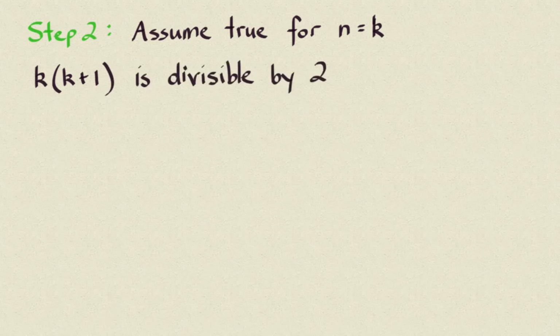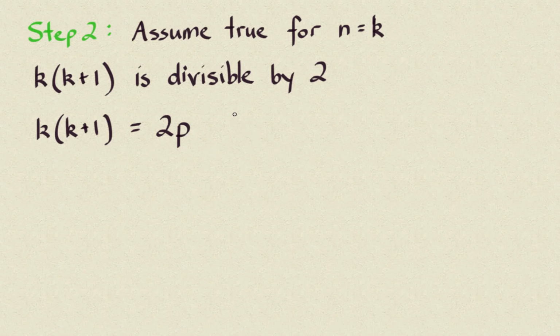But in order to help us in step 3, we actually want to set this expression, k times k plus 1, equal to something. And this is where we say, if it's divisible by 2, like we've assumed, then it can be expressed as 2 times some other natural number, like we talked about before the example.